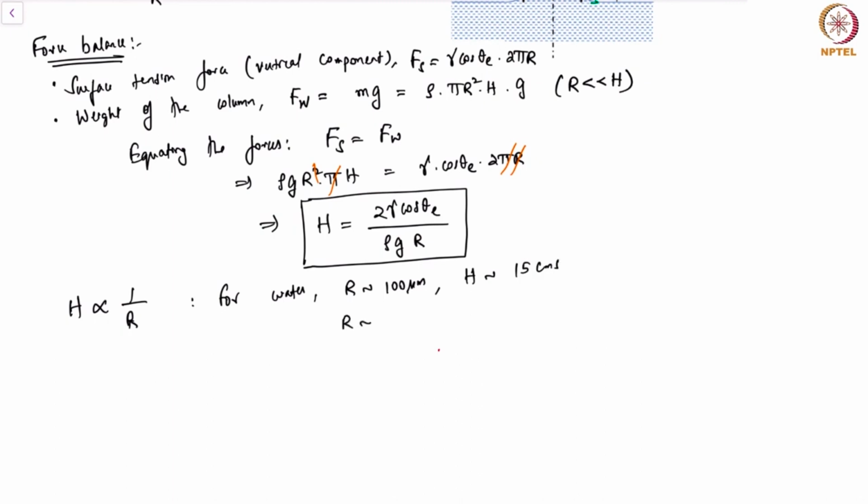And if r becomes 10 microns, then this height reaches 1.5 centimeters, and this can become tinier and tinier as in several systems.